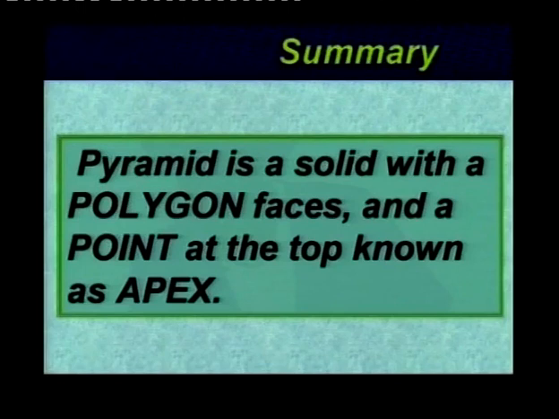We have the summary on the screen. A pyramid is a solid with a polygon base. Polygon means the lines are straight. It has a polygon base and a point at the top called the apex.